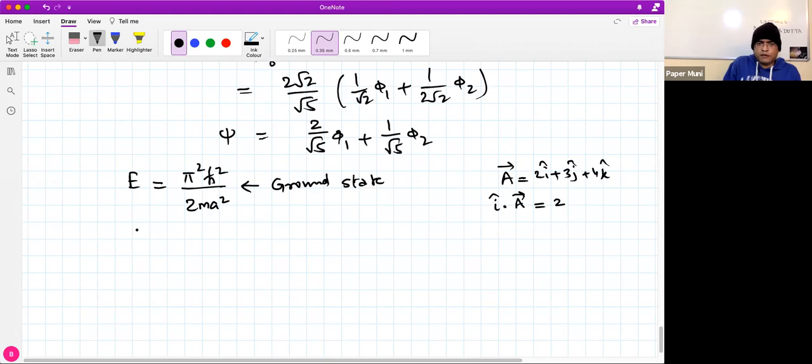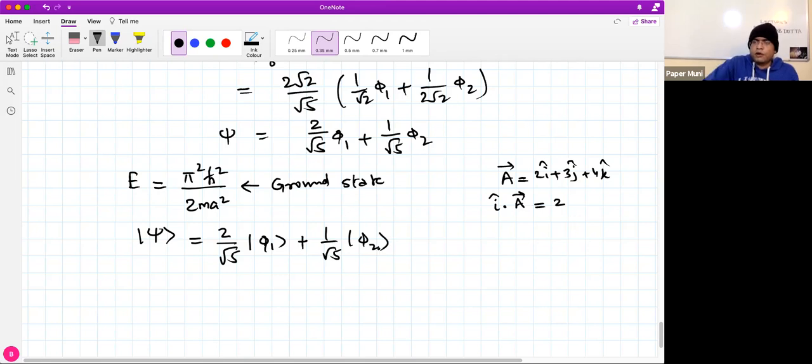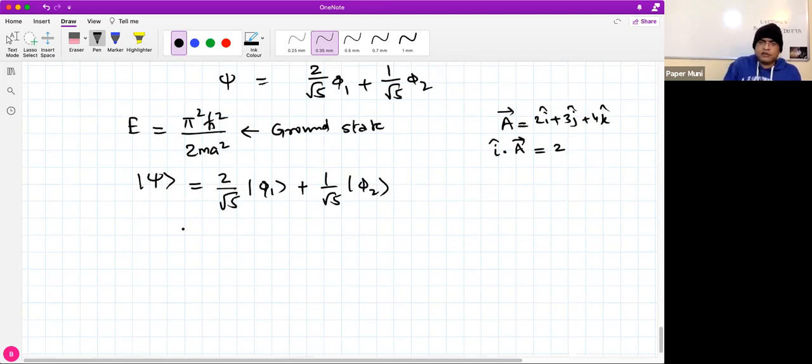Similarly, if we have this wave function, which is root 2 by 5 phi 1 plus root 5 phi 2, and we want to find the probability of finding the ground state if you make the measurement. I have already done this in theory, I didn't do the problem. So they are talking about C1 mod square.